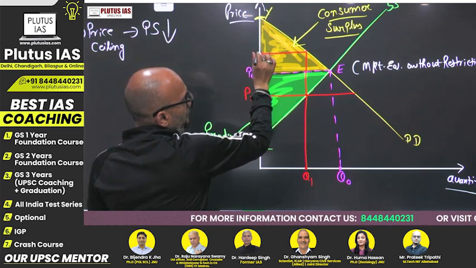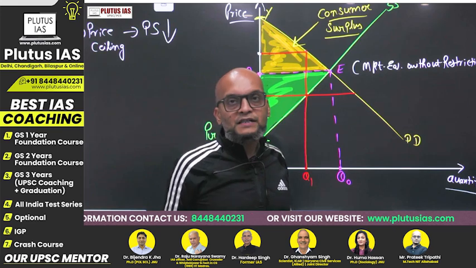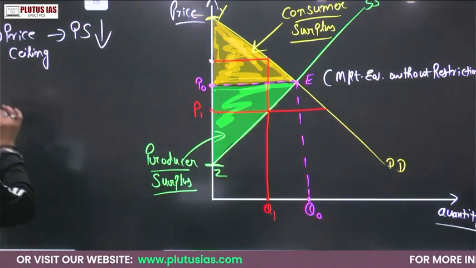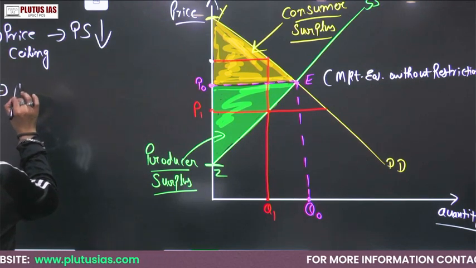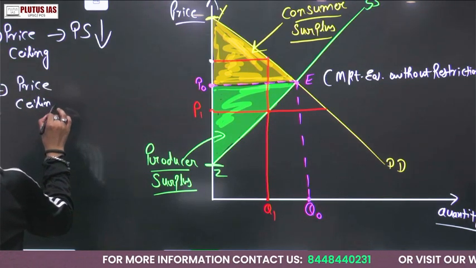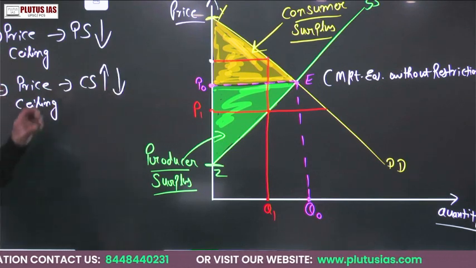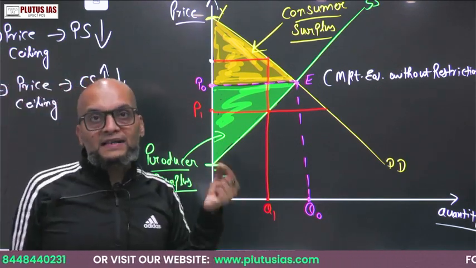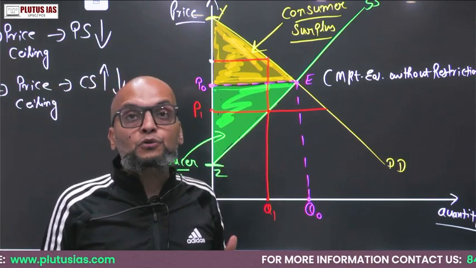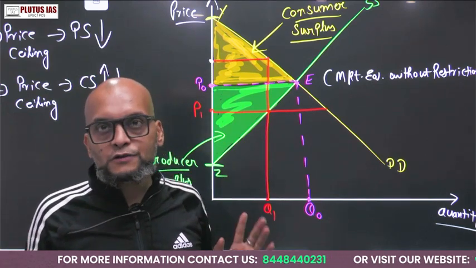And when they pay this much price, see, the reduction in the area means consumer surplus can increase or it can decrease as well. So, due to price ceiling, your consumer surplus can increase or decrease. It will increase if consumers stick to the same quantity of goods, and it will decrease if consumers decide to purchase more quantity of goods. Got my point? Yes or no?